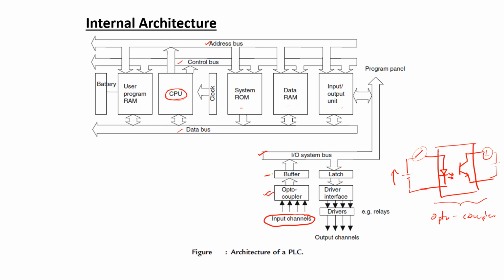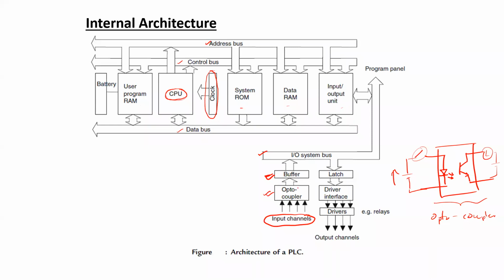Buffer is a temporary storage device. Now there could be frequent fluctuations in the input devices or the devices which are connected to the input port. The execution of the CPU or the microprocessor depends on the frequency of the clock.